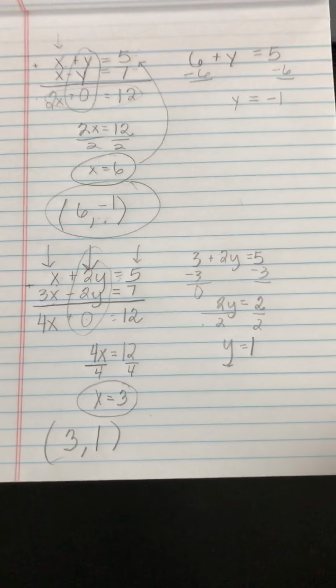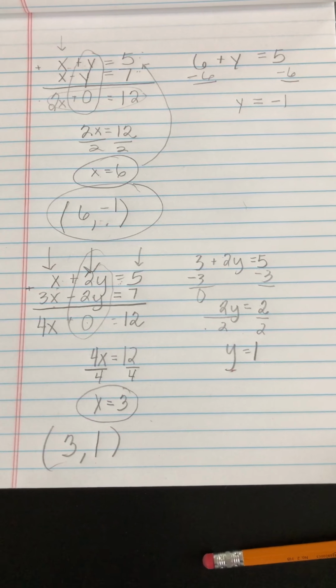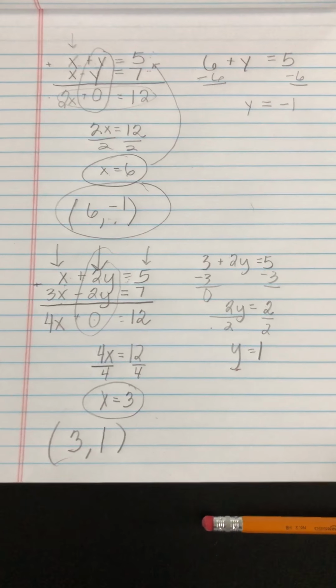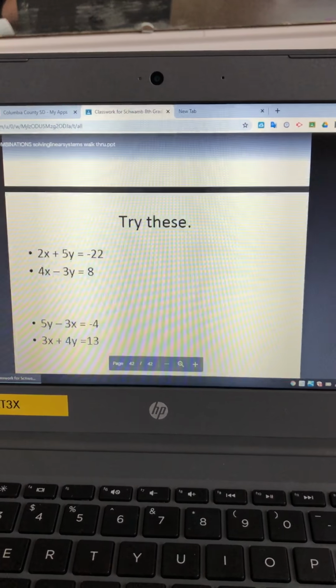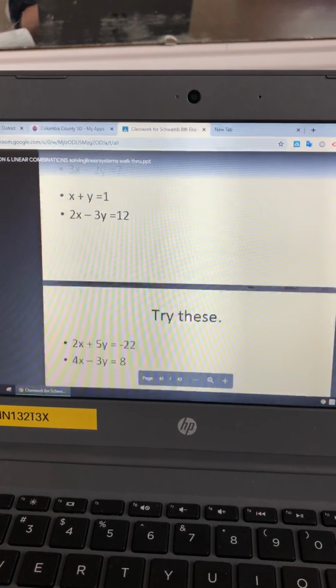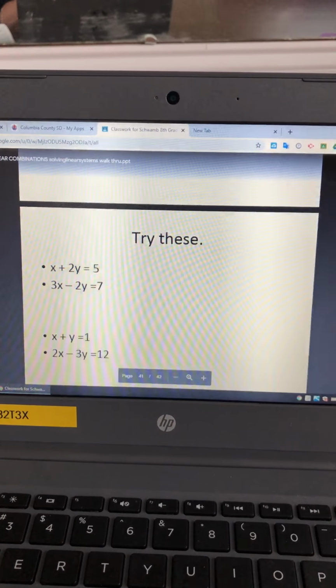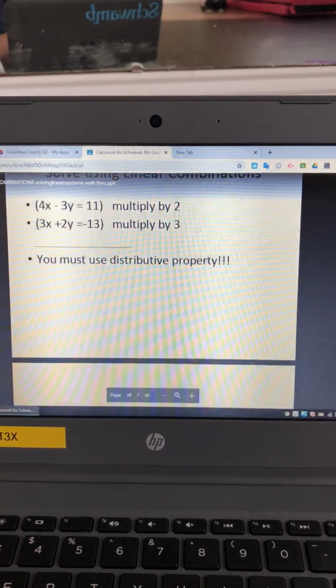Okay, so I do want y'all to try one. So I'm going to give you one to try, and then I'm going to repost another video showing you guys how to do that one. So let me find which one I want y'all to do. I don't see any great ones on here. I might just write one down for you guys, those of you that actually watch this video.